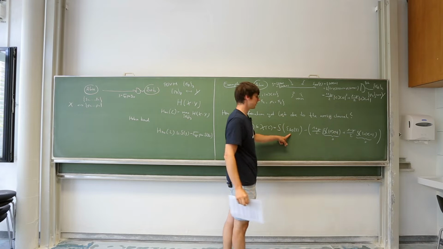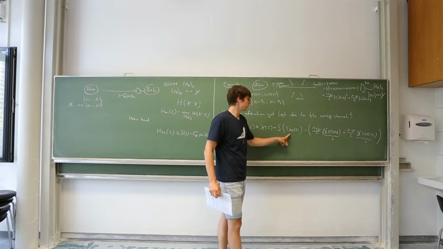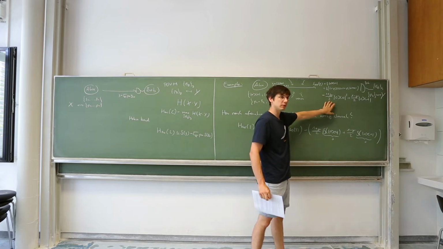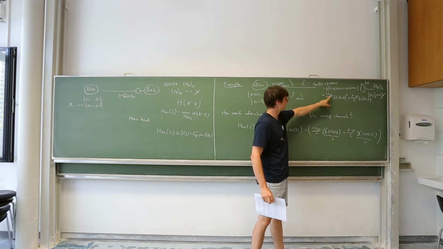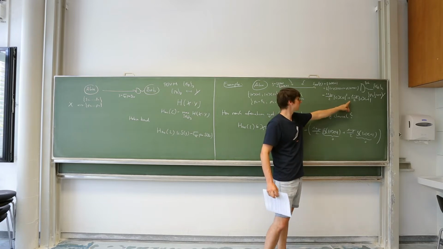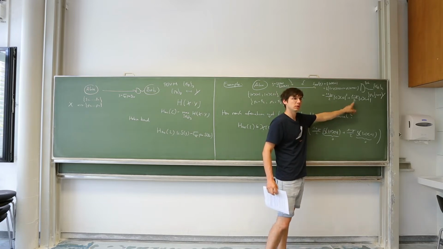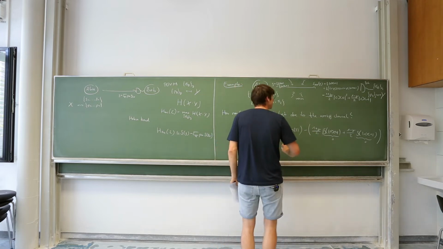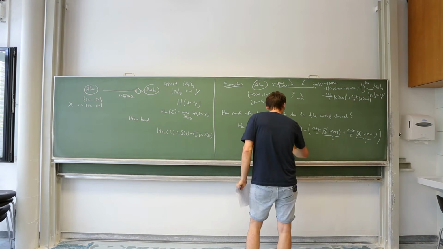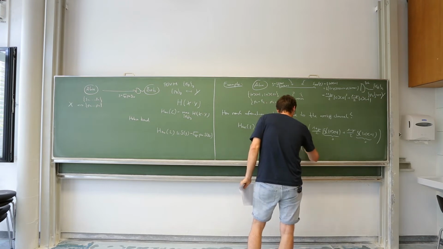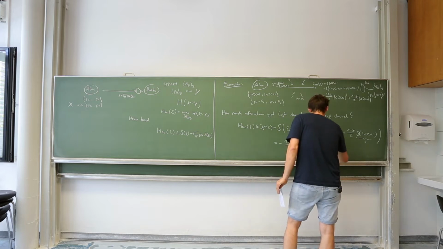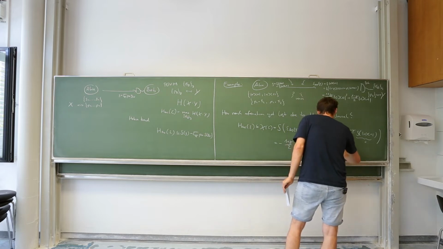And this expression we can calculate using the eigenvalues of this state. And here we can read off the eigenvalues. One eigenvalue is (1 plus gamma)/2, and the other one is (1 minus gamma)/2, right? So, meaning this is simply minus (1 plus gamma)/2 logarithm of (1 plus gamma)/2, and then minus (1 minus gamma)/2 logarithm of (1 minus gamma)/2.